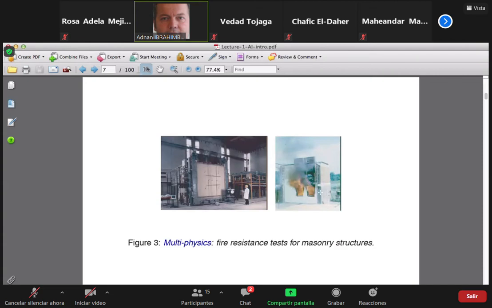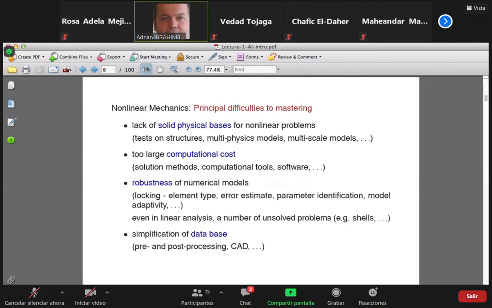Basically, you build the structure. This is a typical wall. You study what's going to happen for a fire during 6 hours, and then from that you extrapolate to see what is going on with this particular structure as we go along. So all these types of things are really motivation. I have already discussed it, and I'm not going to dwell on that again.